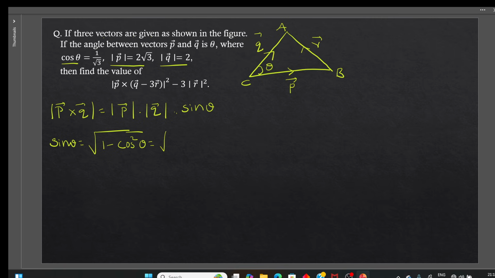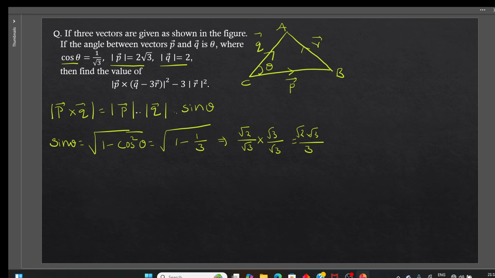So 1 minus 1 by 3 gives 2 by 3, so square root of 2 by square root of 3. Rationalizing with root 3, we get root 2 into root 3 by 3. So this is sin theta.